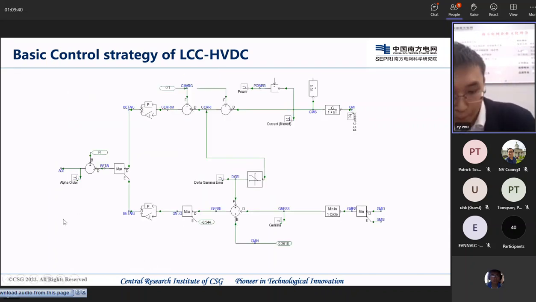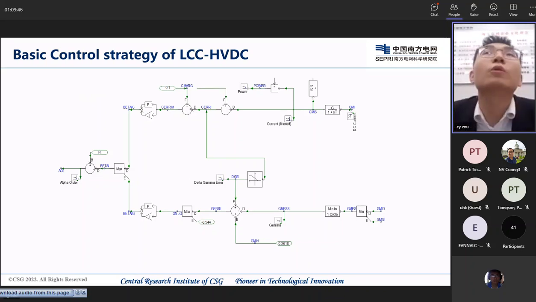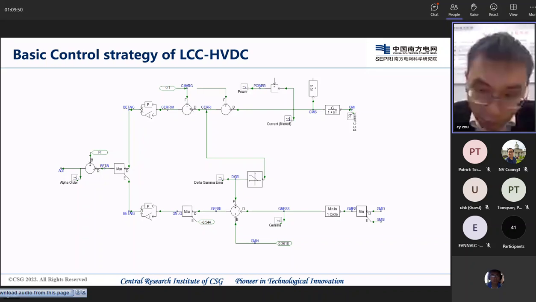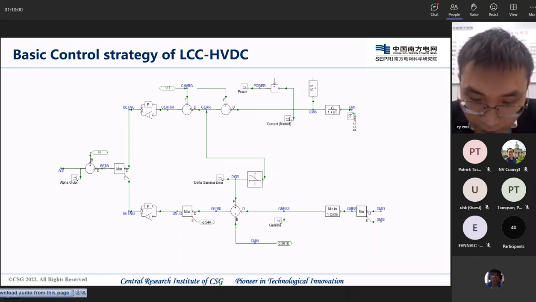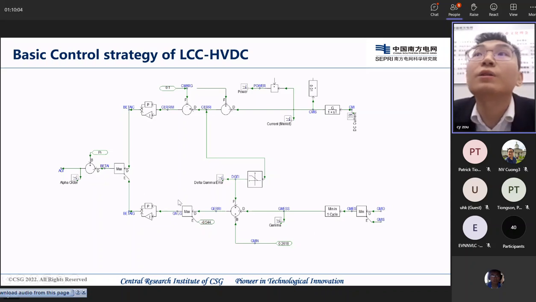The last part of inverter control is the constant extinction angle control, which is the control applicable most of the time. The input of the control is the gamma measured at the inverter side, which is the minimum value of GMD and GMS, as you can see here.